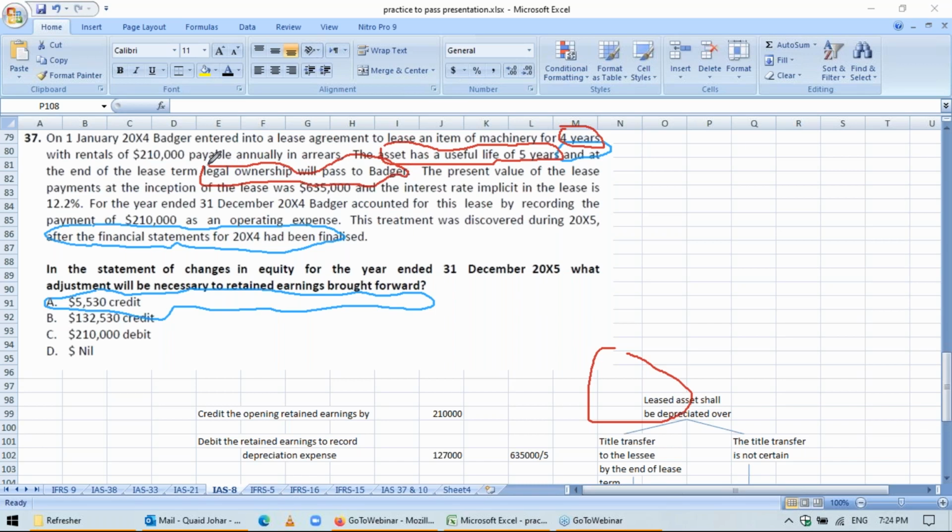So as the legal ownership passed to Badger, this rule becomes applicable, that is, over the useful life. So I've used this one, right? So please note this rule because in time we will be doing IFRS 16 leases, so this rule will be discussed there as well in a question, right? So let's move on to the next point now.